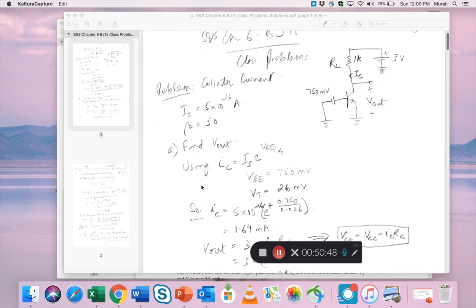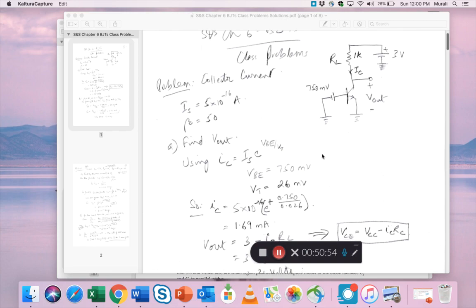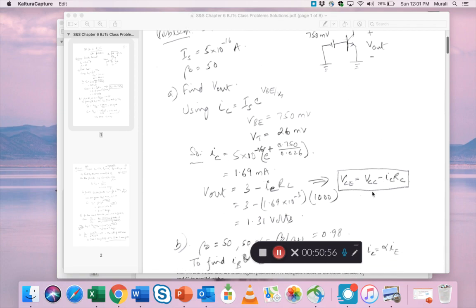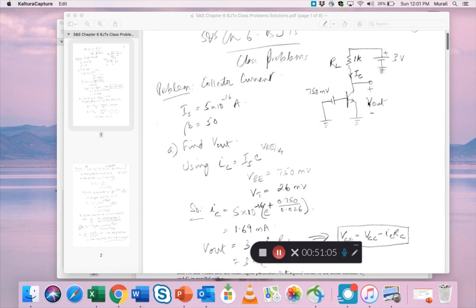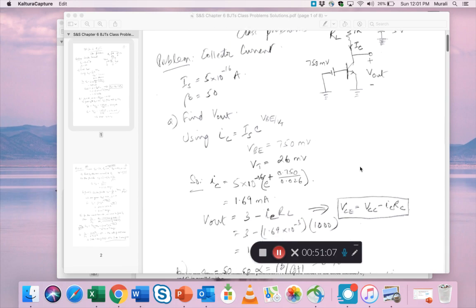So find Vout. As the first step, we use that KVL equation to find VCE. But to use this equation, you have to at least know IC. Everything else is given, so all you need is IC.